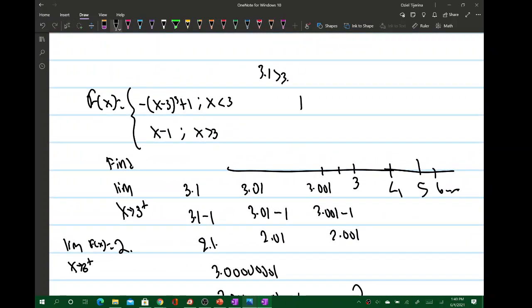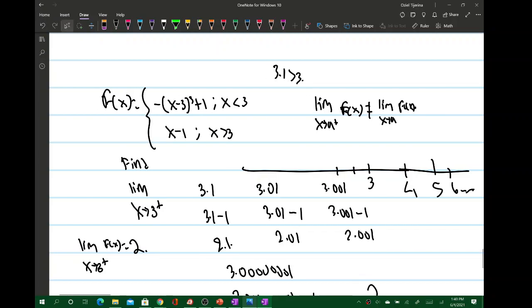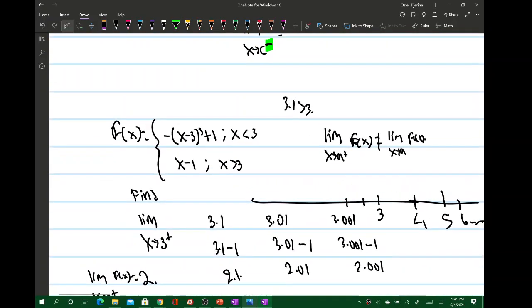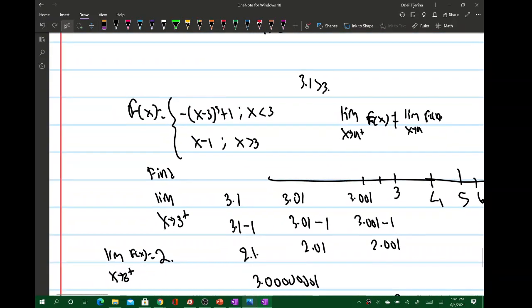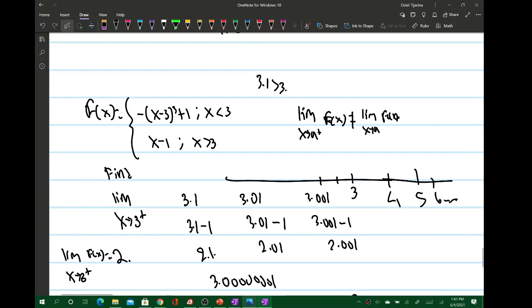Basically what I'm trying to say is that the limit as x approaches a from the right of f of x is not always equal to the limit as x approaches a of f of x. I say that because here, for x equals 3, we have the limit being 2 different things, right?